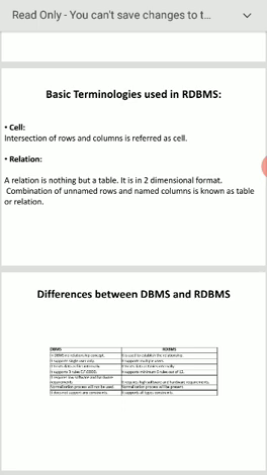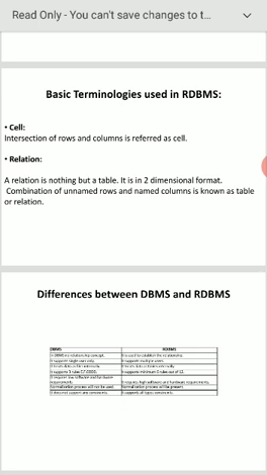Then DBMS supports only 3 rules of EF Codd. There are 12 EF Codd rules: information rule, guaranteed access rule, systematic treatment of null values, active online catalog, comprehensive data sublanguage rules, view updating rules, high level insert, update and delete rules, physical data independence, logical data independence, integrity independence, distribution independence, non-subversion rules.